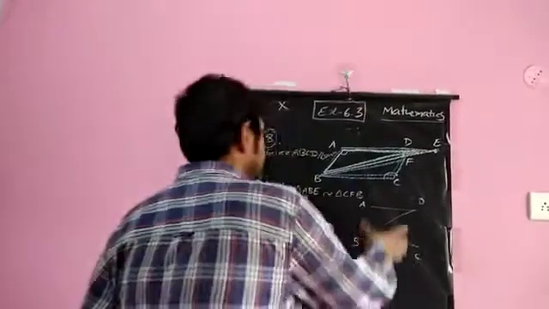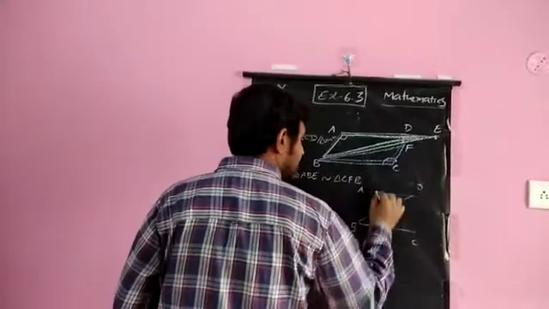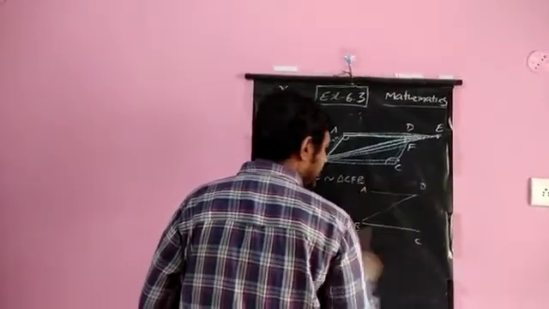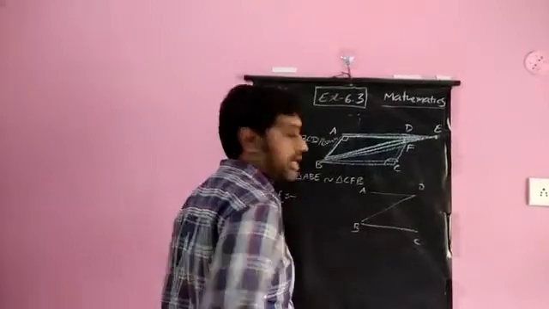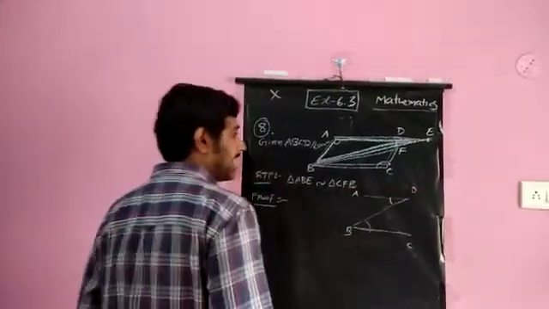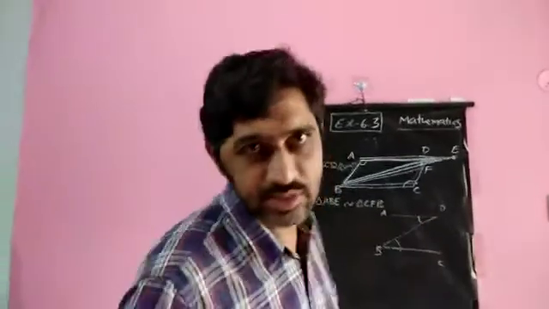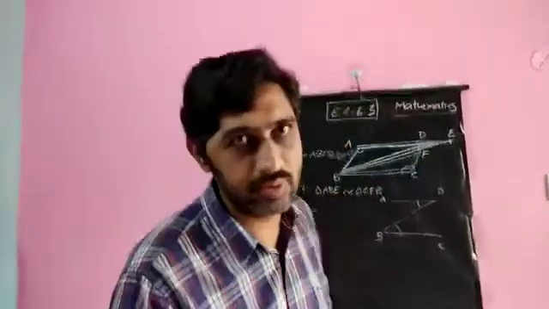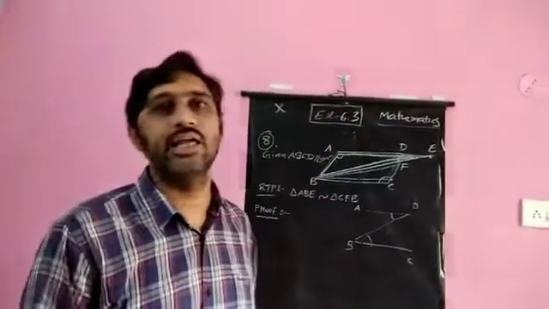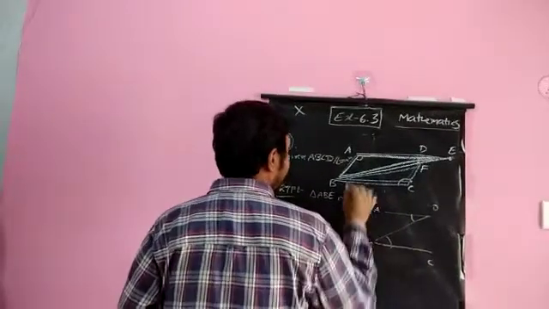That means these opposite sides AD and BC are parallel to each other. Since they are parallel, BE will become a transversal, so the angles formed here will be alternate angles. Alternate interior angles are equal. If two parallel lines are intersected by another line, which is a transversal, then both pairs of alternate interior angles formed are equal. These two are alternate interior angles, so they are equal.